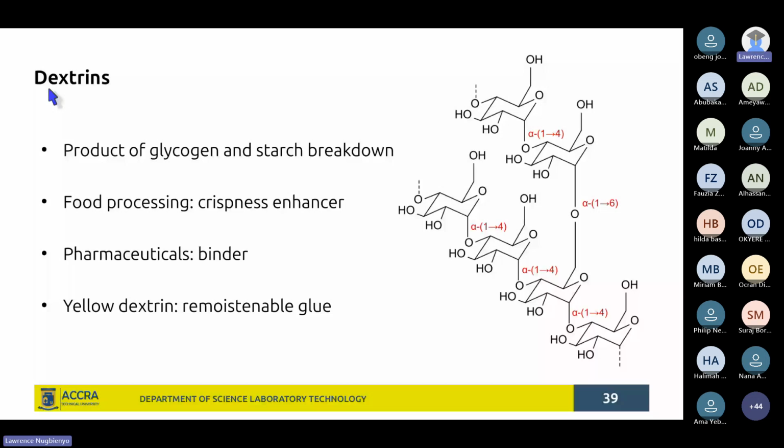So those branch points will be there. Such smaller molecules from the glycogen molecule is what we are referring to as dextrins.